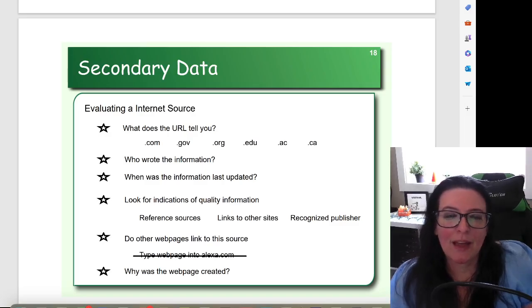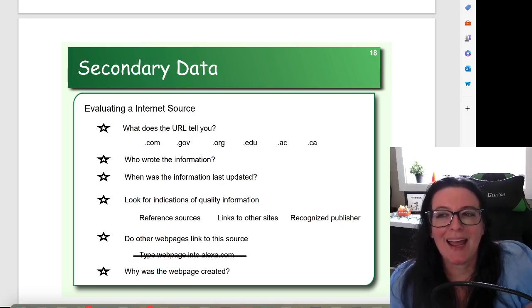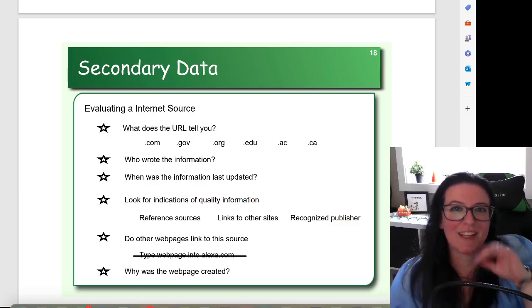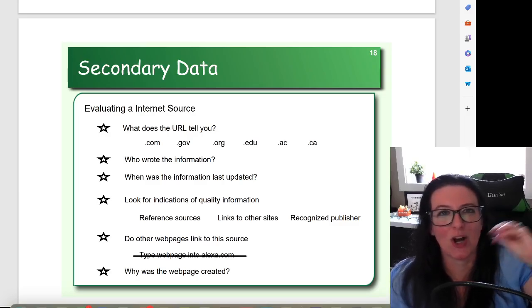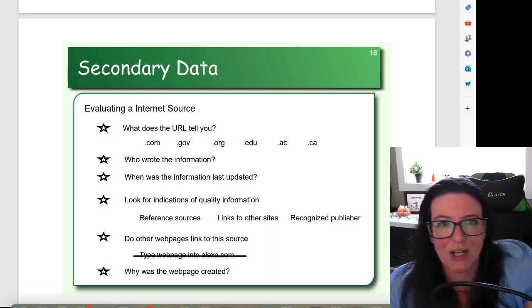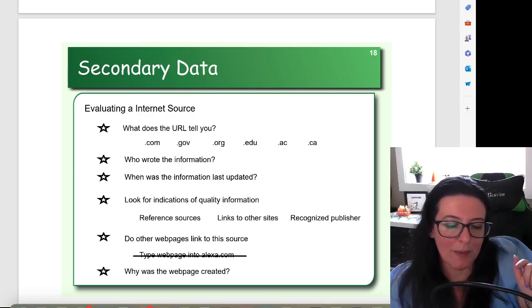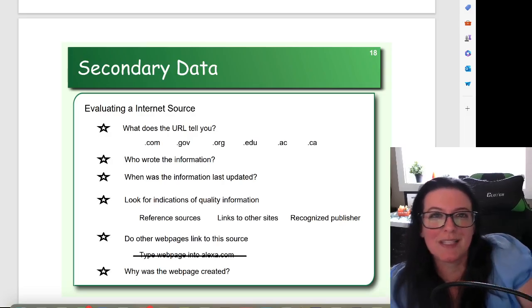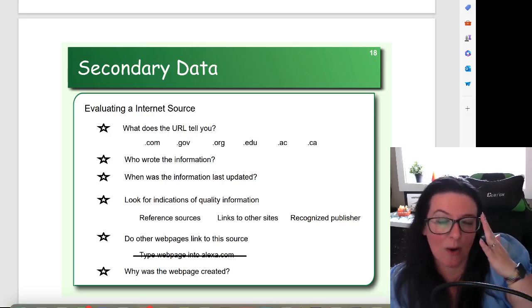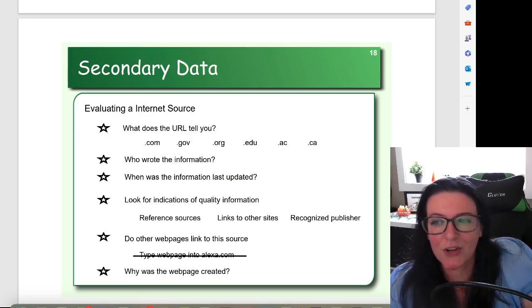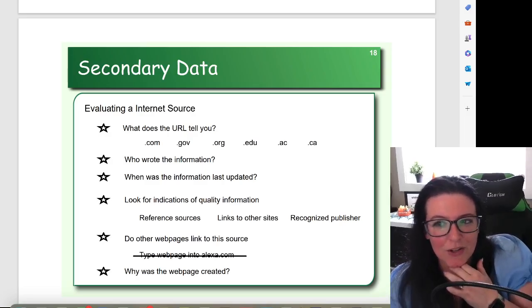It used to be that you could actually go to a website called alexa.com and type in reddearpolytechnic.ca and it would tell you how many other websites linked to reddearpolytechnic.ca, and how many websites reddearpolytechnic.ca linked to. So you could see how connected it was and how reputable it was based on how many times it was referenced by others and whether it referenced others.